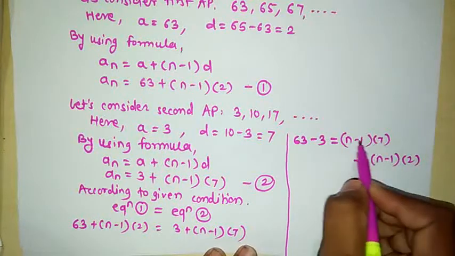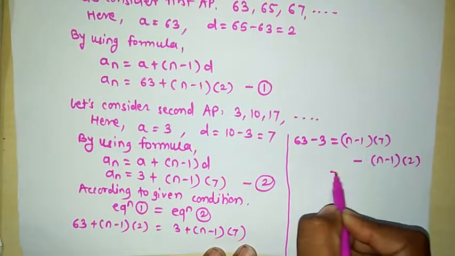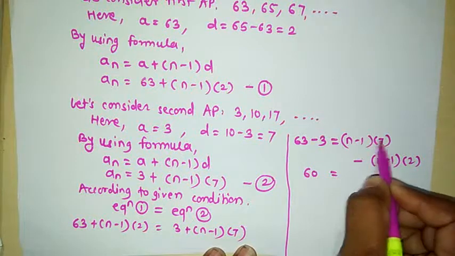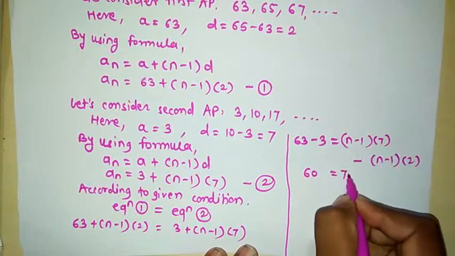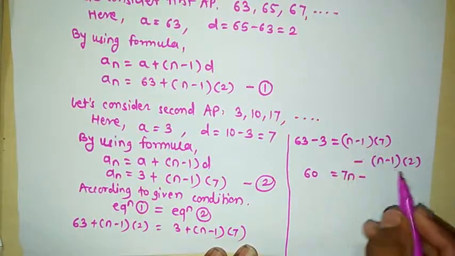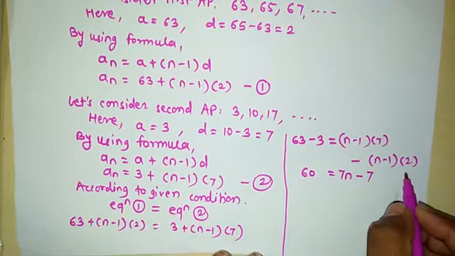Now open the bracket first here. 63 minus 3 is equal to 60. Now open bracket, 7 into n, that is 7n, minus 7 into 1, that is minus 7.